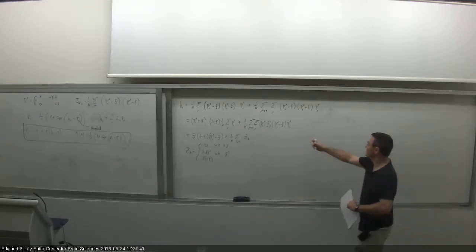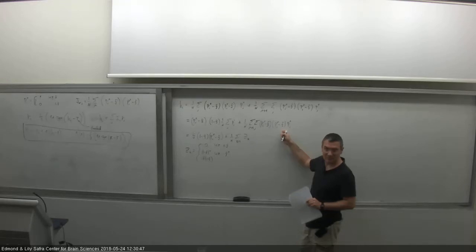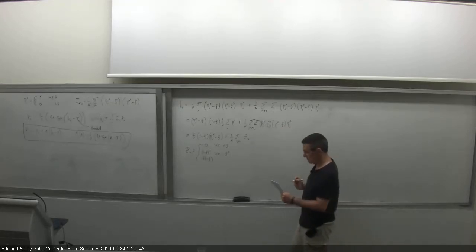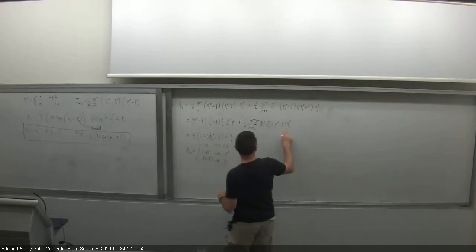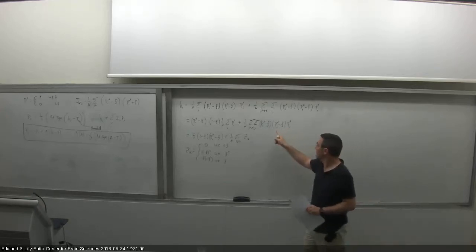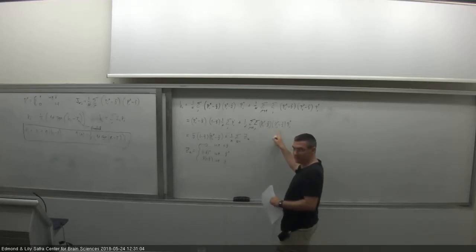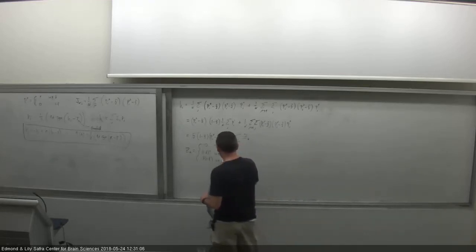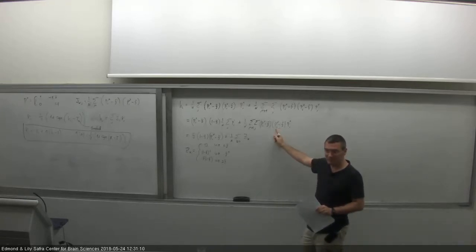We need this to be 1, and one of these should be 1, but not the other. So this one should be equal to 1, which happens with probability f. We have two options, either this one or this one. So we have 2. And one has to be equal to 1, and the other one has to be equal to 0.